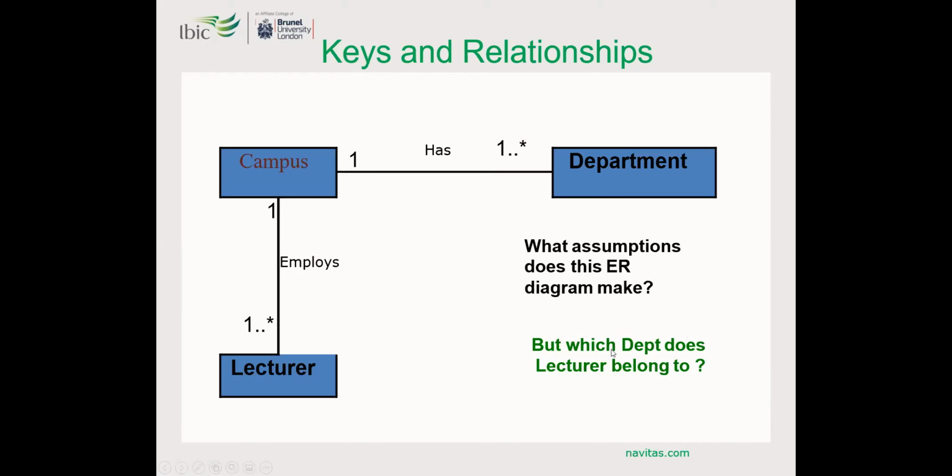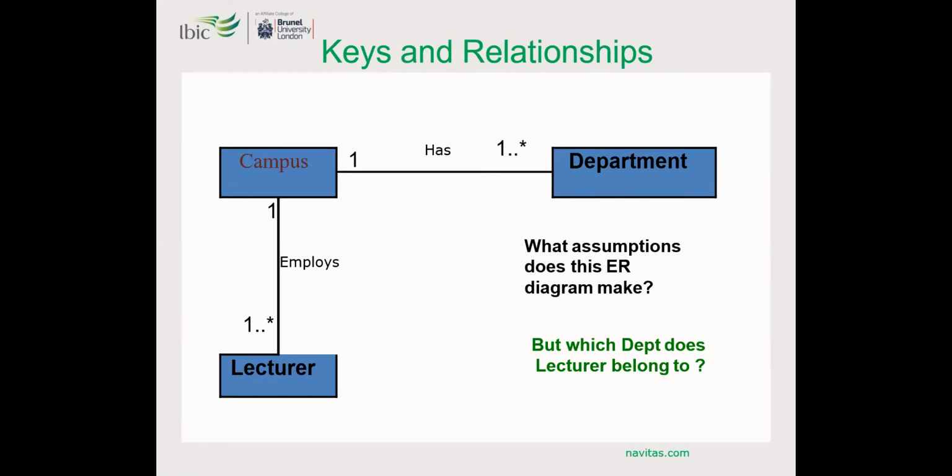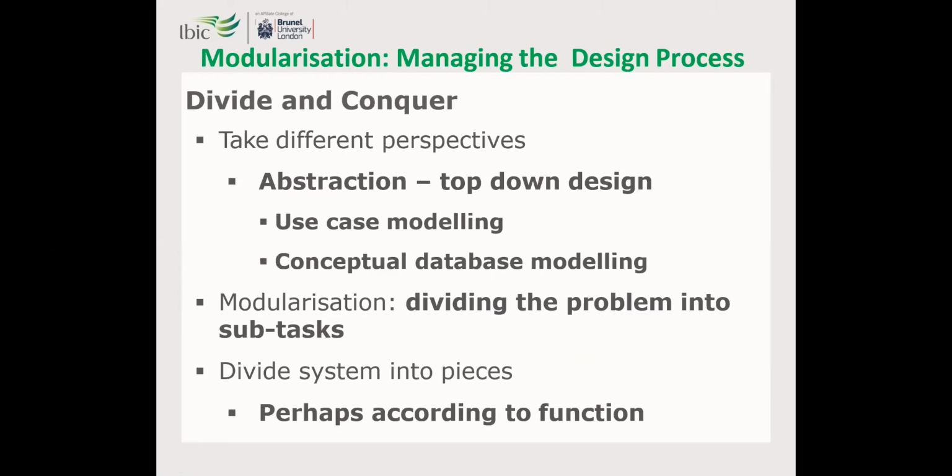So you can look at this and you need to be able to interpret this properly. Can you see the difference between these? We just changed the direction. So this is a good example for you to look at later.